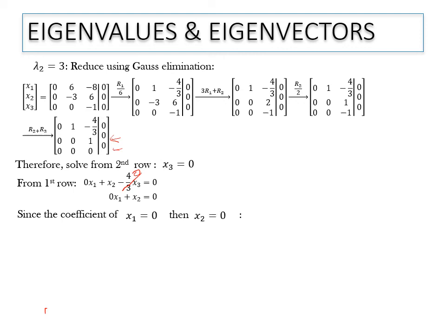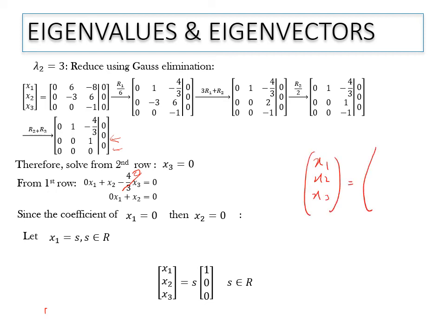What is x1? We can just let x1 equal s, any real number. So x1, x2, x3 equals s, 0, 0. If you factor out the s, you will get the answer like this. That's it for the second one.